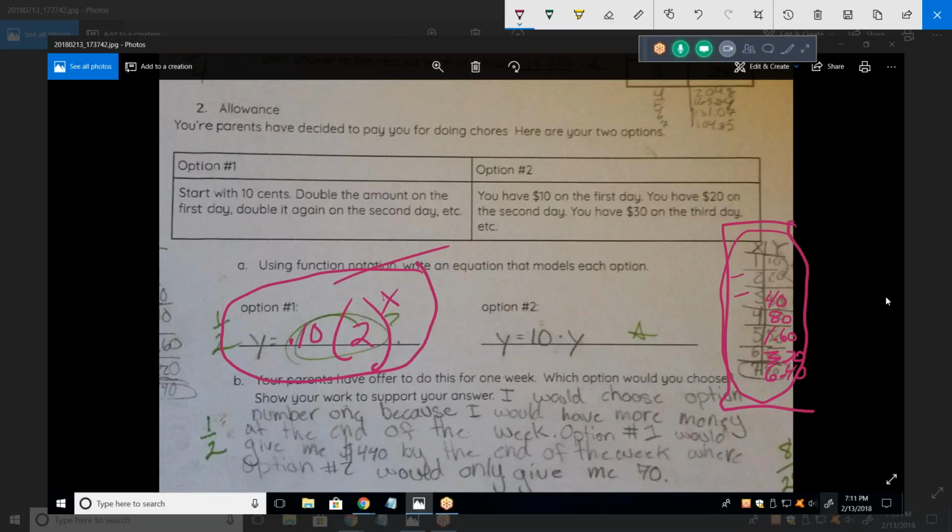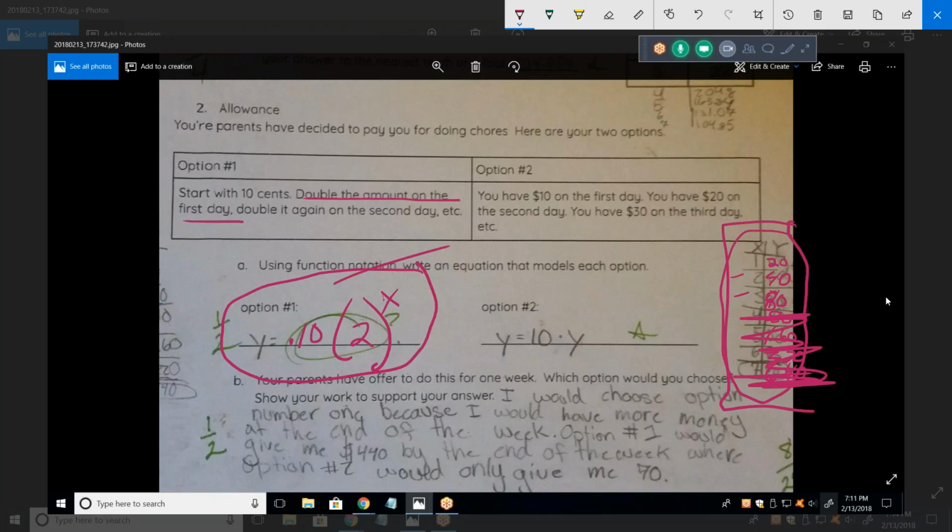Well, on day 1, they double the amount on the first day. So actually the table should say 20, right? And then that should say 40. That should say 80. And let's just cross out everything else. We don't need the others yet.